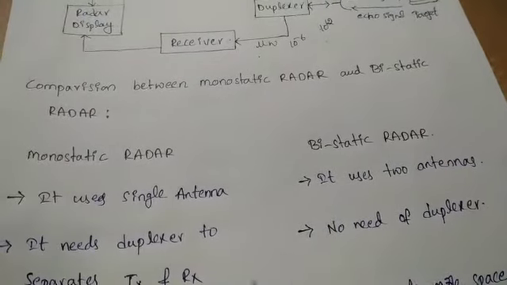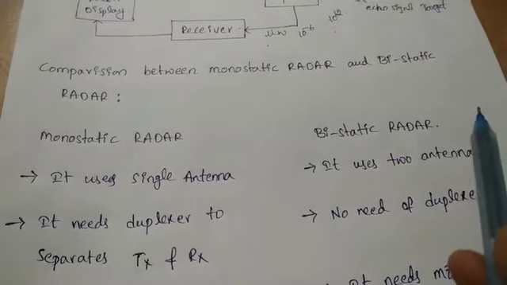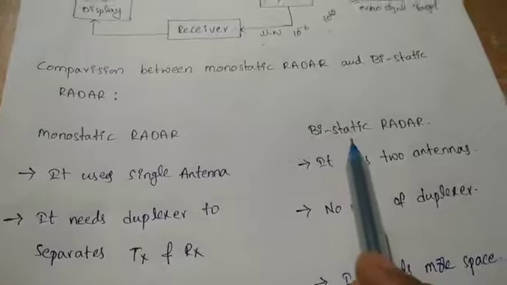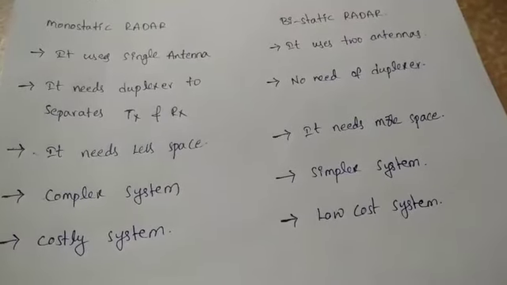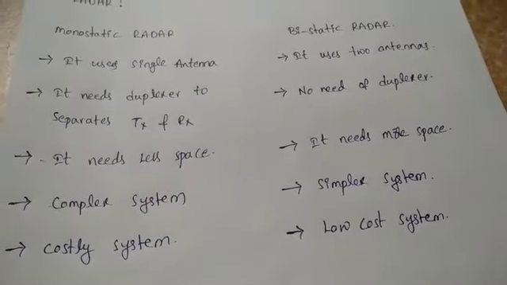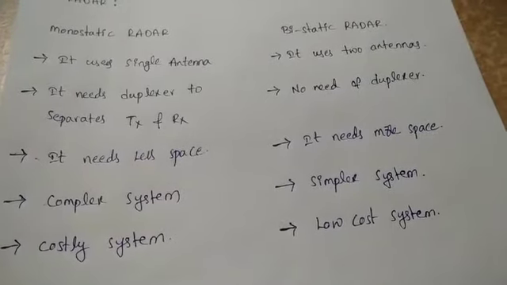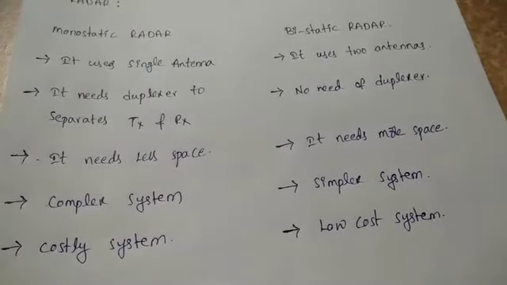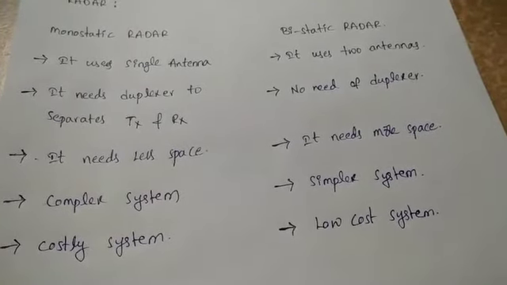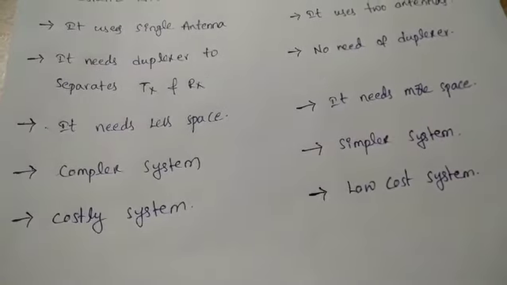Next, the comparison between the monostatic radar and bistatic radar systems. The monostatic radar system uses a single antenna, while the bistatic radar system has two antennas.